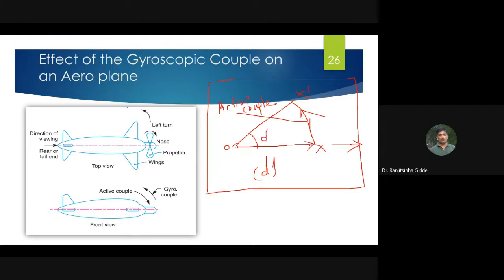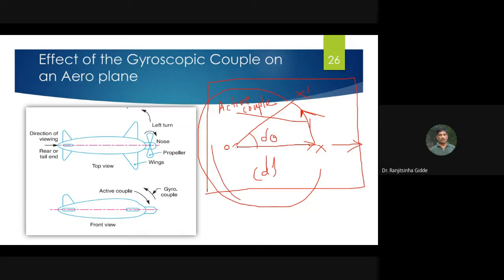This one is delta theta. So as the aeroplane is steered in the left direction, this indicates the action, and the direction for that is anti-clockwise. We are looking at this in top view.